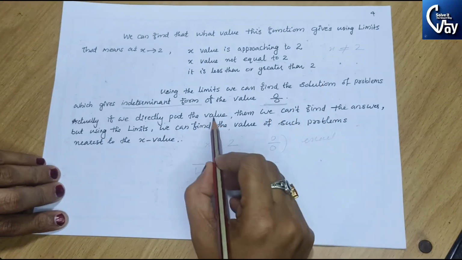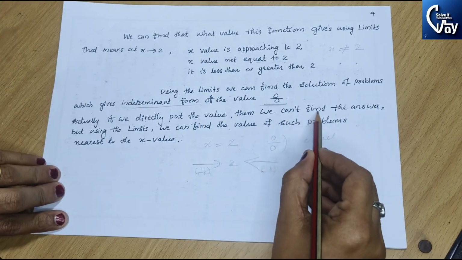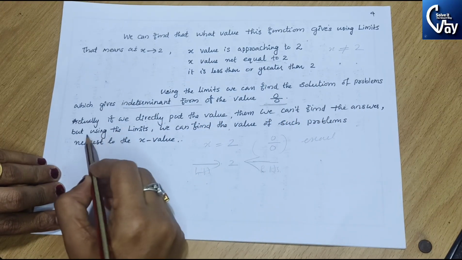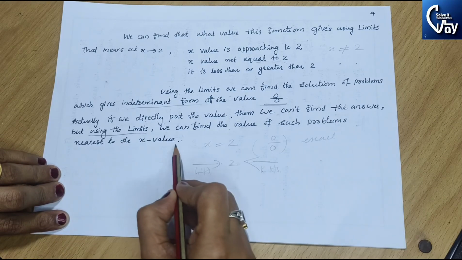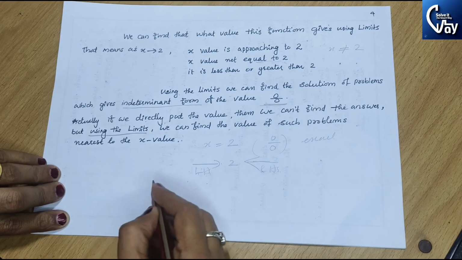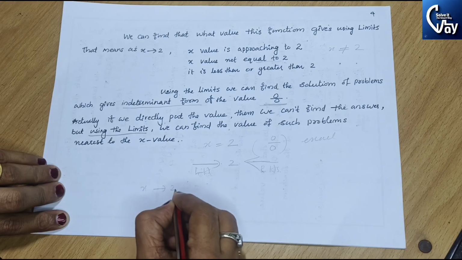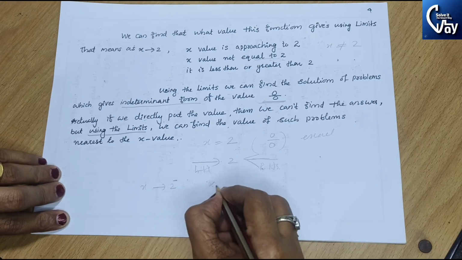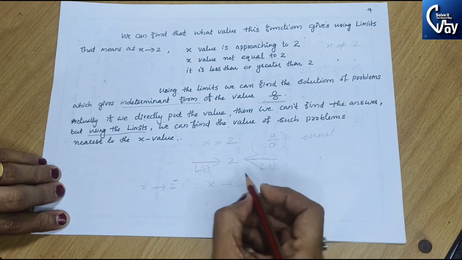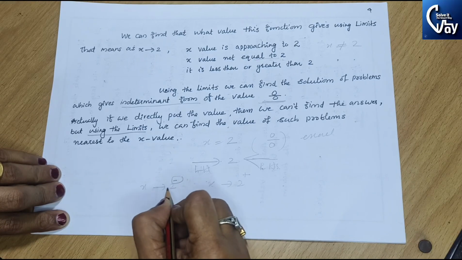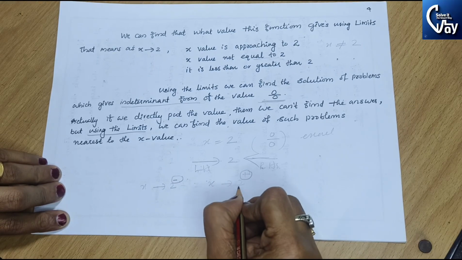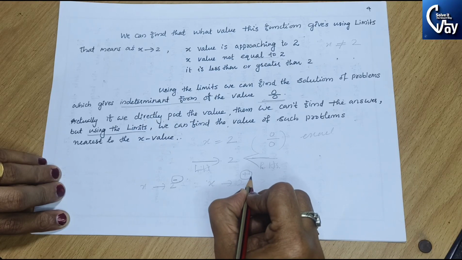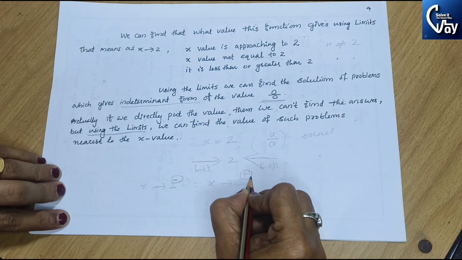Actually, if we directly put in the value, we can't find the answer. But using the limit, we can find the value of such problems nearest to the x value. Nearest to the x value means x approaching 2 from LHS or x approaching 2 from RHS. This negative sign indicates x approaching 2 from LHS. This positive sign indicates x approaching 2 from RHS. Is it clear?